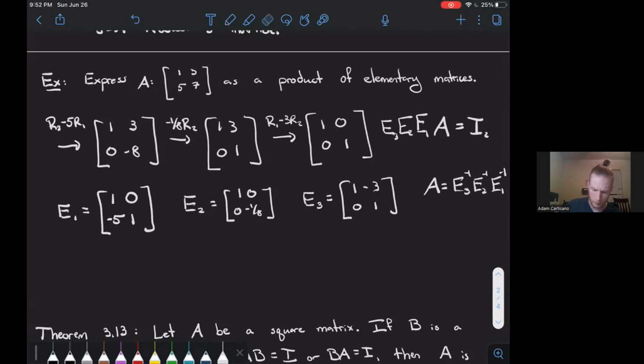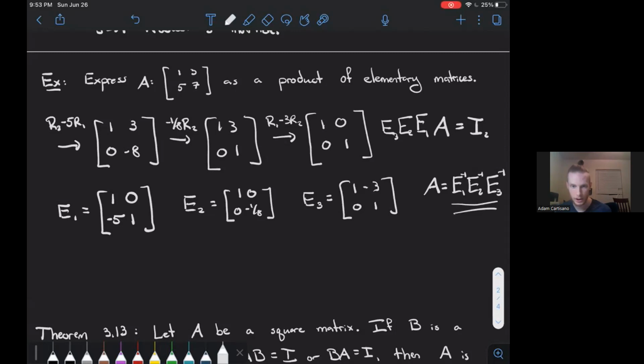Except I've written the wrong order. These are all left multiplications. So A is E1 inverse, E2 inverse, E3 inverse. Right? If I multiply both sides on the left by E3 inverse, and then on the left by E2 inverse, and so on, I'm gradually pulling them over across the equal sign.